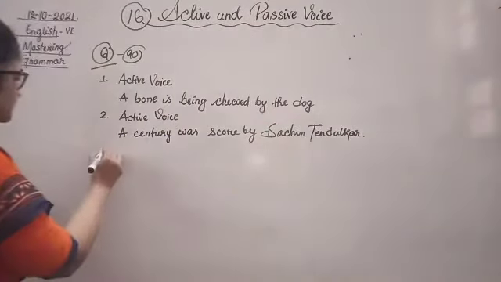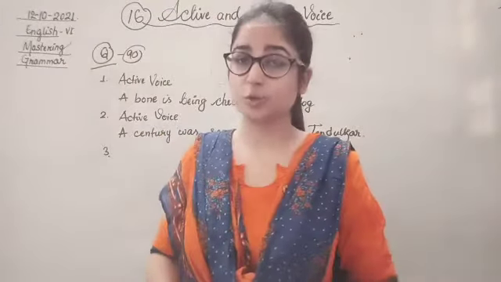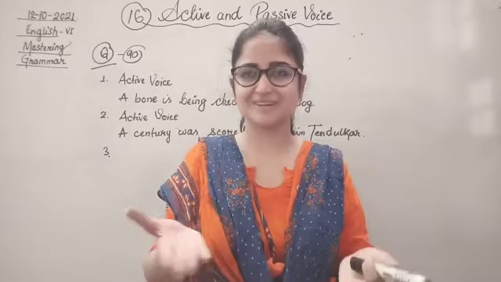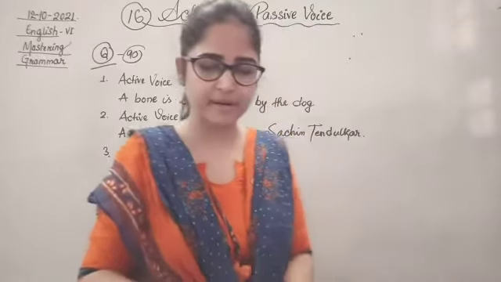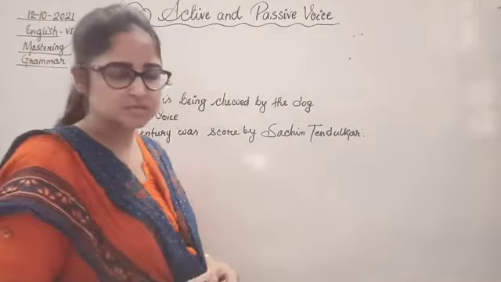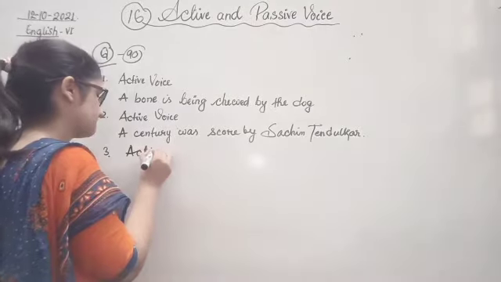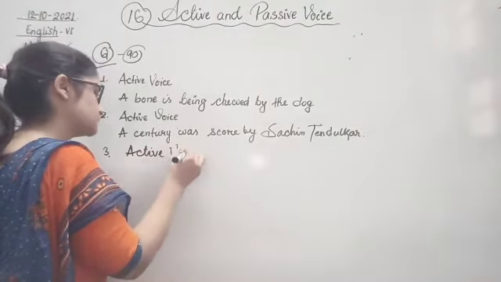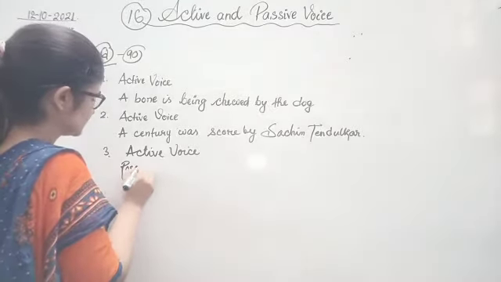Yes, number 3. Gagan bought roses. So who bought it? Gagan. Gagan is in the subject only. He is the doer of the action, bringing roses. So Gagan bought roses is in active voice. And roses is plural.